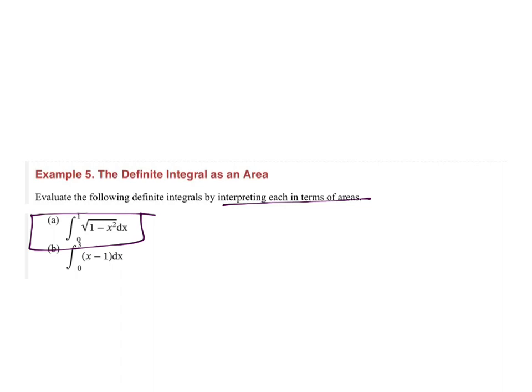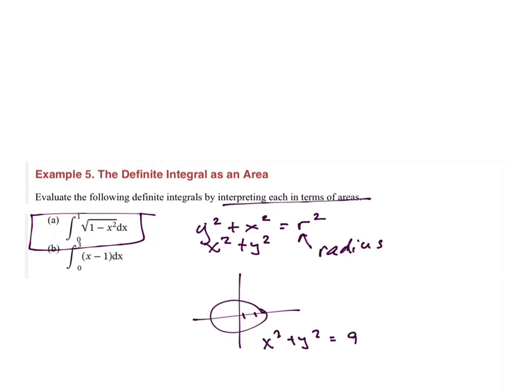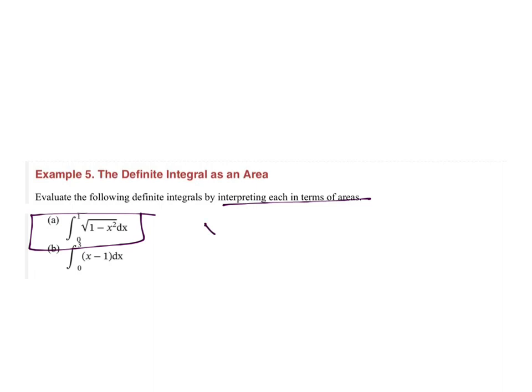So this function up here, the square root of 1 minus x squared, they want you to realize that that's the equation for a circle. Now, how did they get that? Well, if I have x squared plus y squared equals r squared, let r be 1, the radius of the circle is 1.